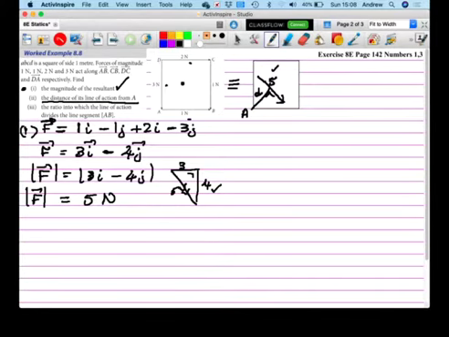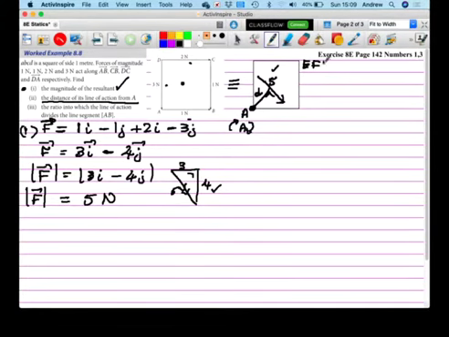What I've got to do now is calculate the specific distance in order to get the same moment, the same spinning action. So since they asked me to focus on A, I'm going to take moments about A.